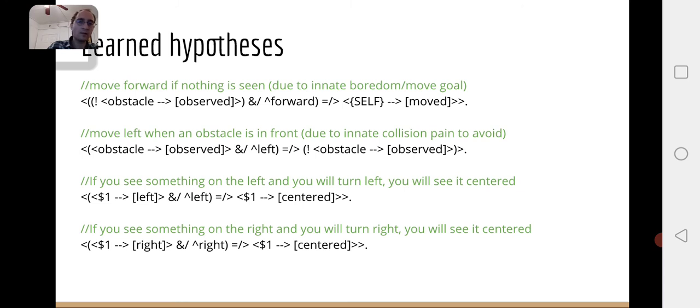And then it has turned left, and it has seen the same object in the middle because it has turned to the left. Same if it sees something on the right and it turns to the right, then it sees this thing in the center. And this knowledge, it automatically applies to the bottle when it needs it, even though it has never seen a bottle before.